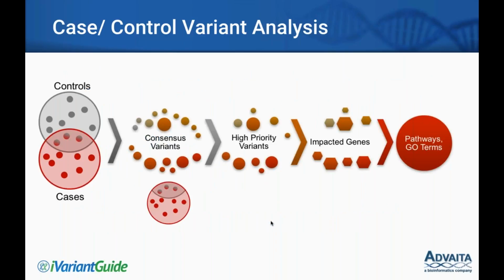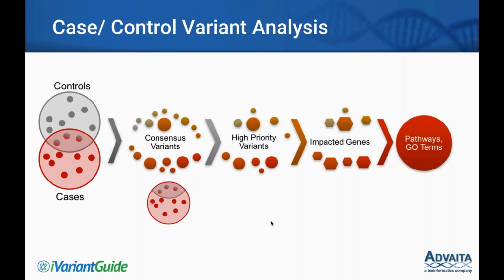Pictorially, what we have are variants. When you compare your cases to controls, you're going to have variants that are only found in cases and variants that are only found in controls, and then there are going to be some variants that overlap. So your consensus variants are going to be based on some threshold you set. It's going to be some mix of the case variants plus maybe a few of those overlapping variants.